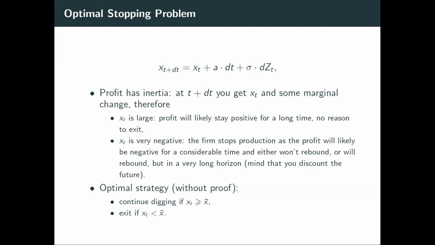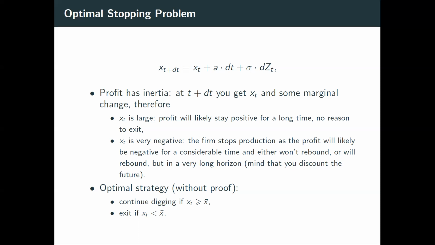Because if your current X_t is quite large, so it's very positive, then you have no reason to shut down the well, right? Because you already do pretty well, and you expect that in the future you will do pretty well as well. So why shut it down at all?